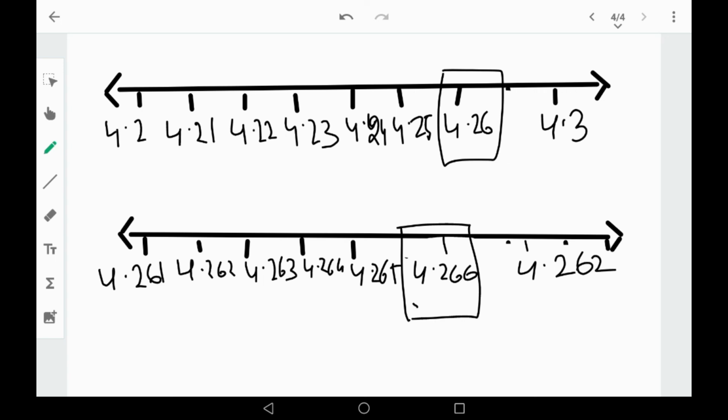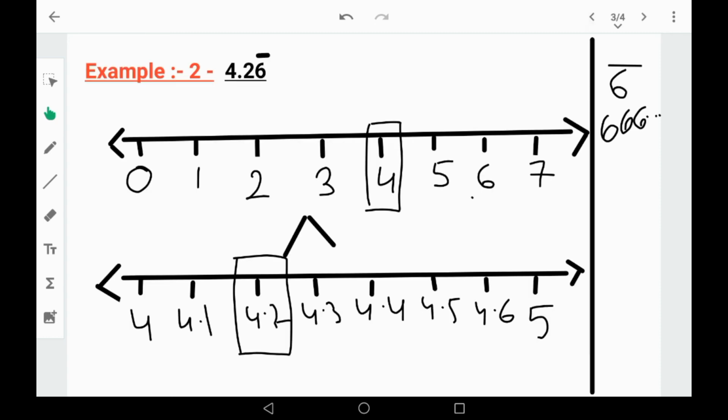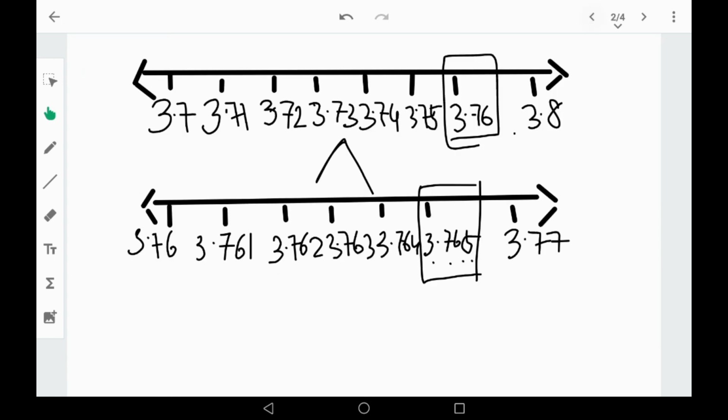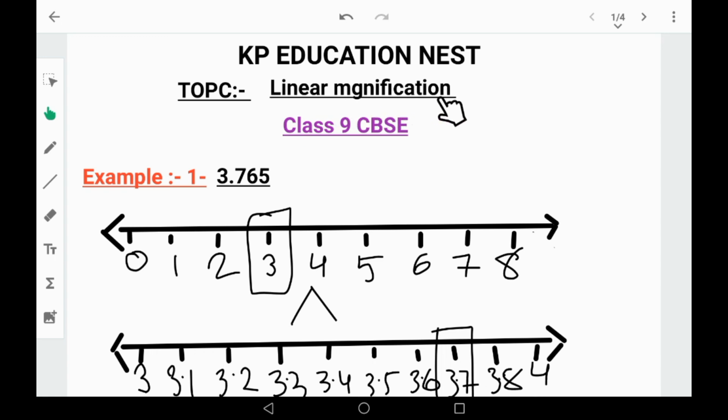So I have completed marking 4.266 on a number line. This is how you will have to represent a number with a decimal point and a bar on a number line using the method of linear magnification.